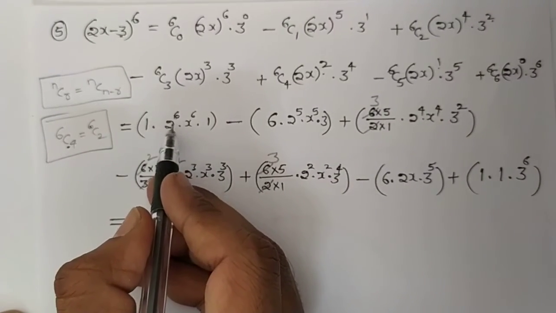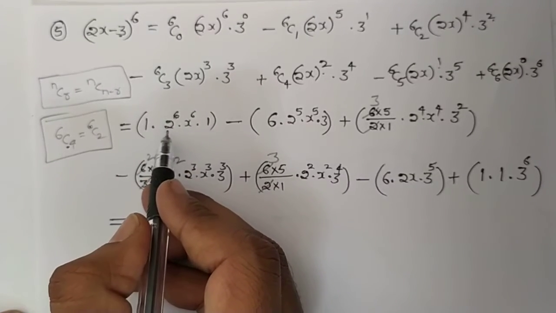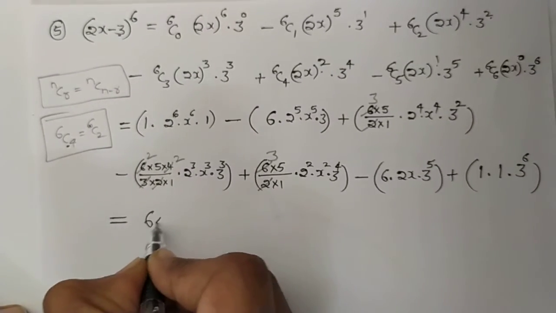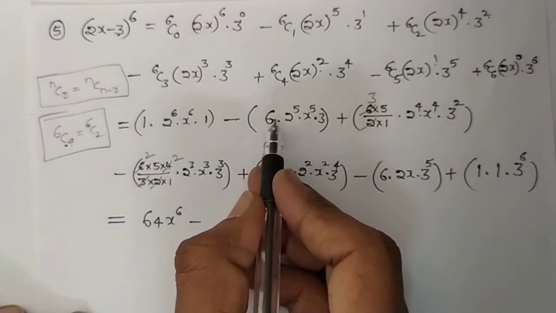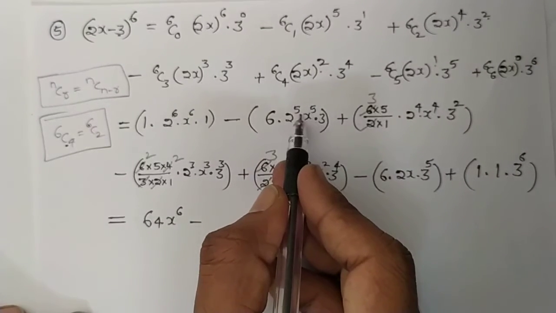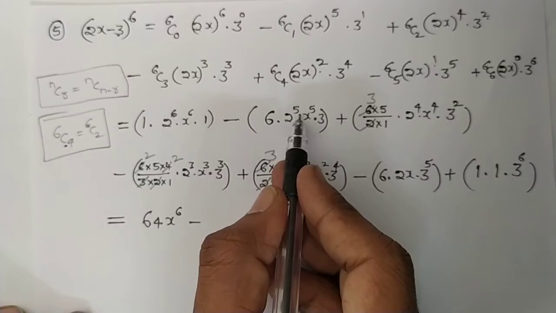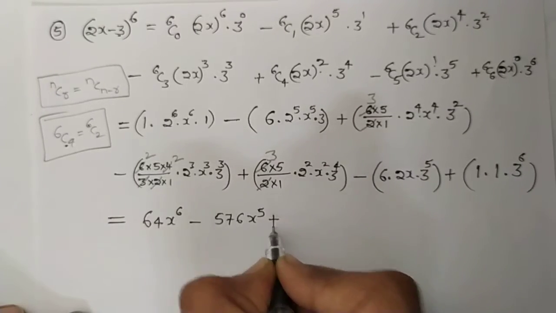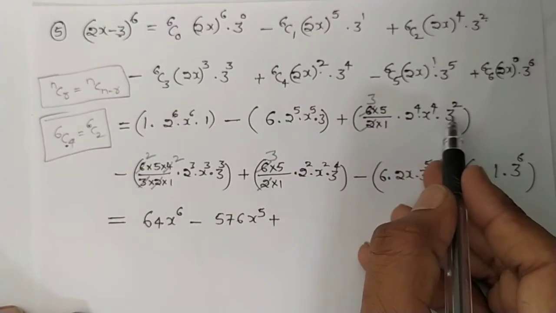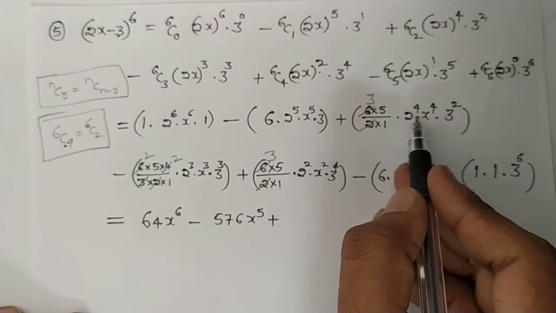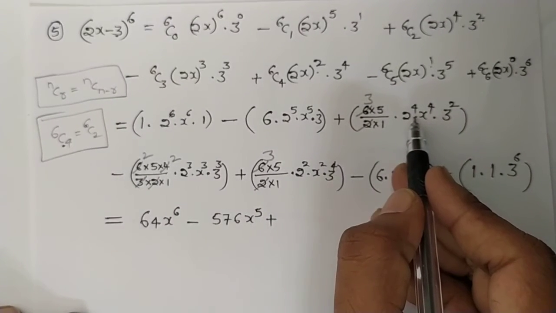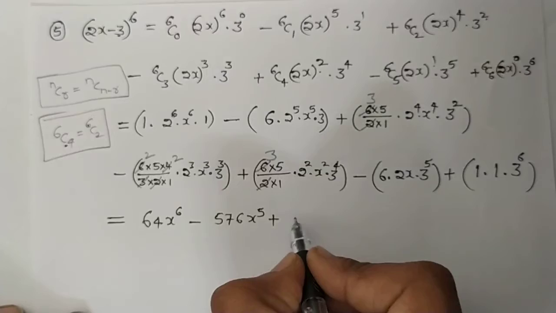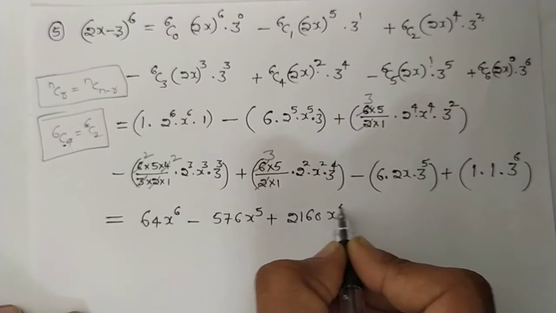2 power 6 is what? 2 into 2 into 2 into 2 into 2 into 2, 64 x power 6, minus 6 into 3 is 18, 18 into 2 power 5 is 576 x power 5, plus 3 into 5 is 15, 15 into 3 square is 9, 9 into 2 power 4 is 2160 x power 4.